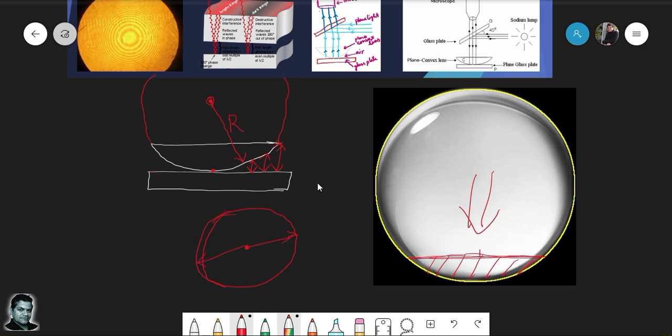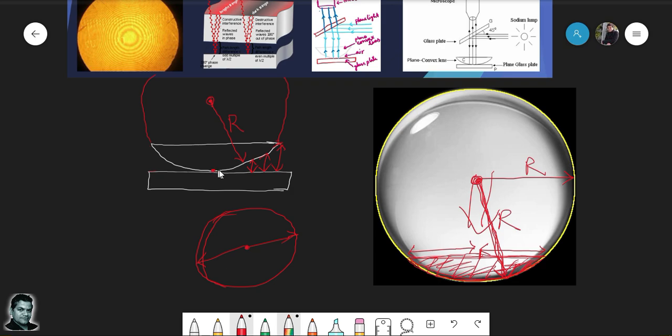This radius is this distance, and the radius of curvature of this surface is the radius of the original sphere from where this part was taken out. This point is where the plano-convex lens touches the bottom glass plate, the plane surface.